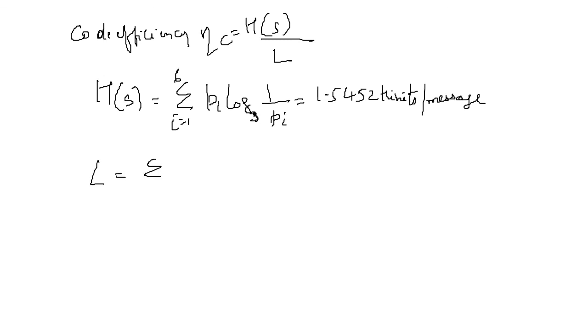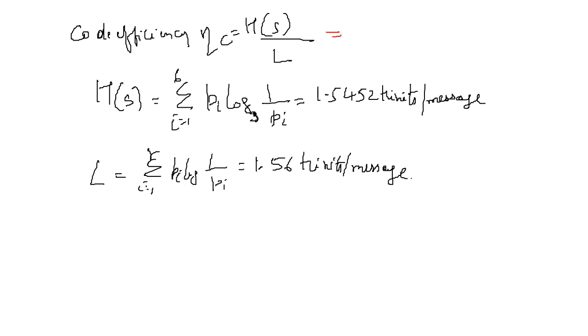Similarly, L is given by the formula sum from i = 1 to q of p_i into l_i. Substitute the values, the probability and the respective length. You are going to get L is equal to 1.56 trinits per message. Now substitute the value in the respective code efficiency formula. So you are going to get code efficiency here, which is 1.545 divided by 1.56.